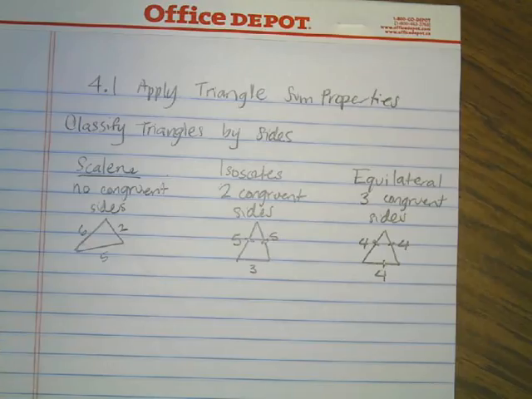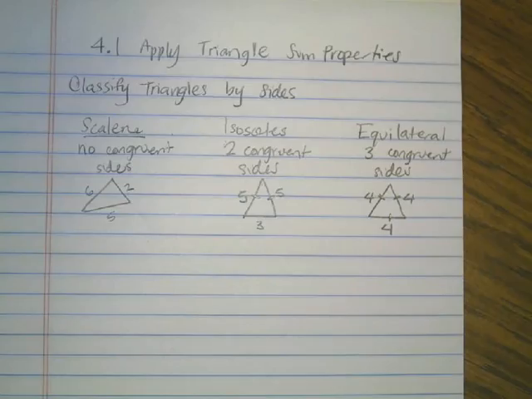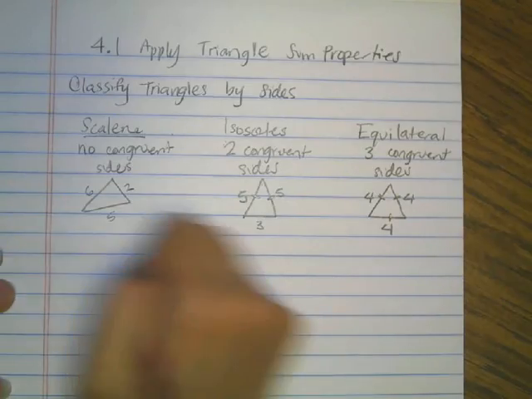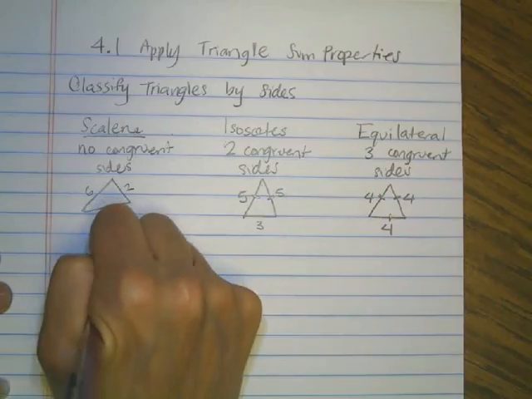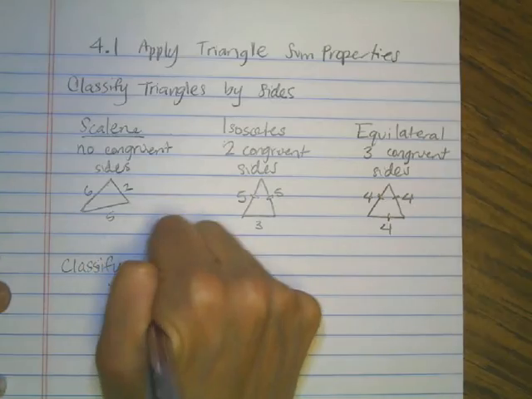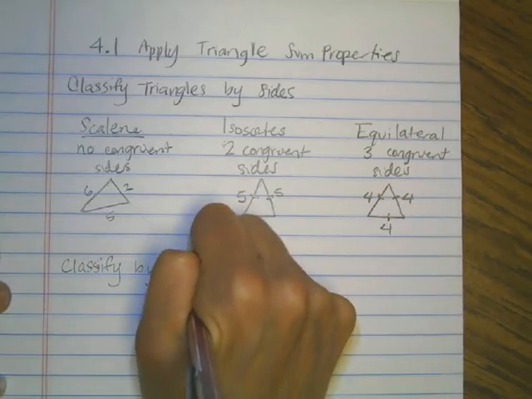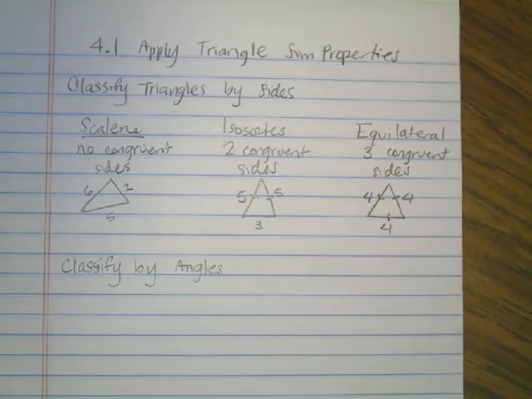Now, you can use more than one of these to classify a triangle. So, an example would be like one of your classmates said, what kind of triangle would this be?